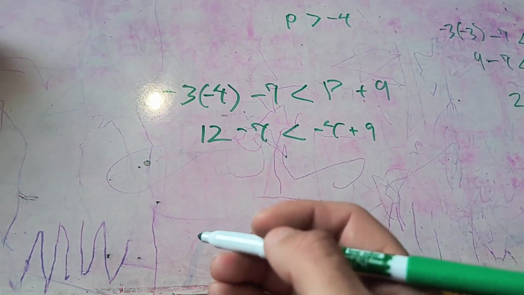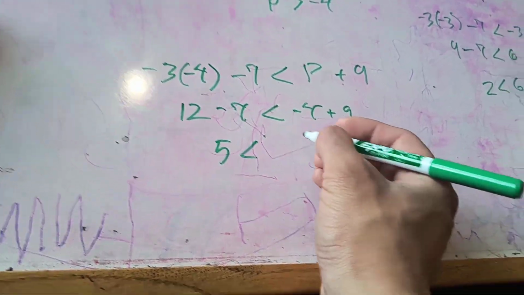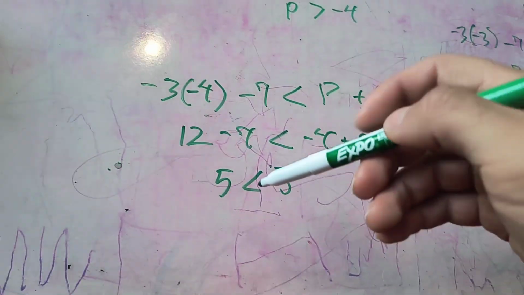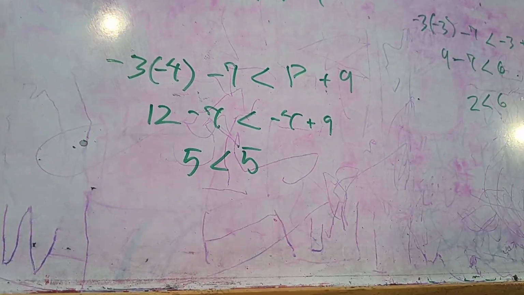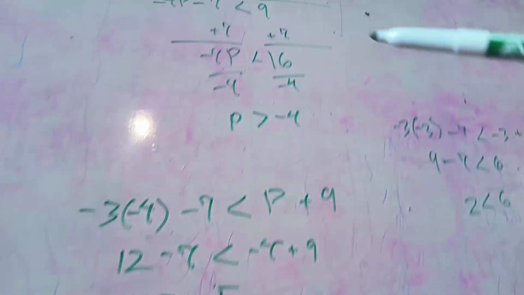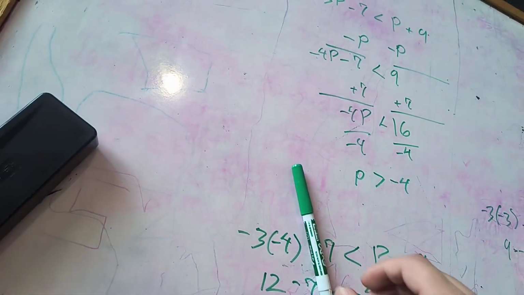Well, 12 minus 7 is 5, and negative 4 plus 9 is 5. So this is also wrong. 5 isn't less than 5. They're equal to each other.